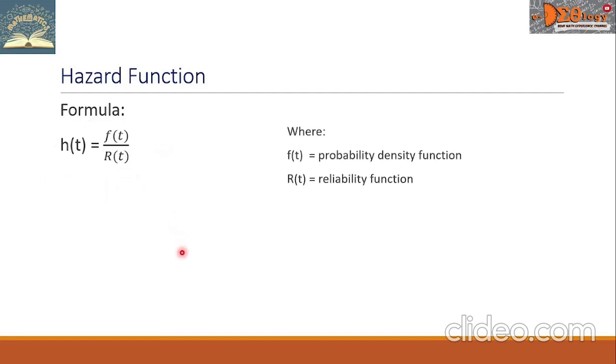There is a second formula that we're going to use when R of t is the only given in the problem. So the formula will be h of t is equal to the negative of the derivative of R of t all over capital R of t.